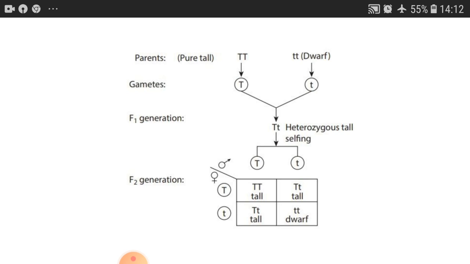So according to the law of dominance, the characters are controlled by discrete units which are known as factors, and these factors occur in pairs. In a dissimilar pair of factors, one member of the pair dominates the other, and the one which dominates is known as the dominant, and the one which does not express itself and is suppressed in the presence of the dominant one is known as recessive.